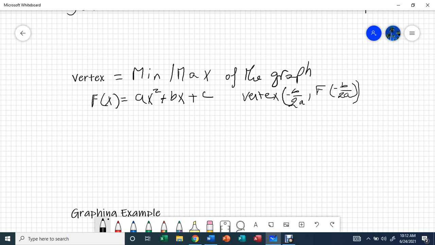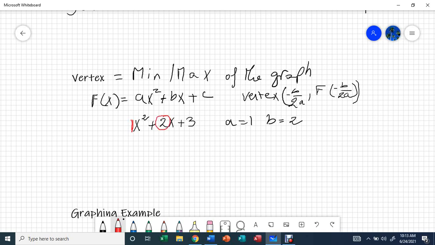So let's do examples. Here the first function we had before, x squared plus 2x plus 3. So what's a? Yes, a is 1, b is 2, that's right. a is the coefficient of x squared, and b is the coefficient of x.